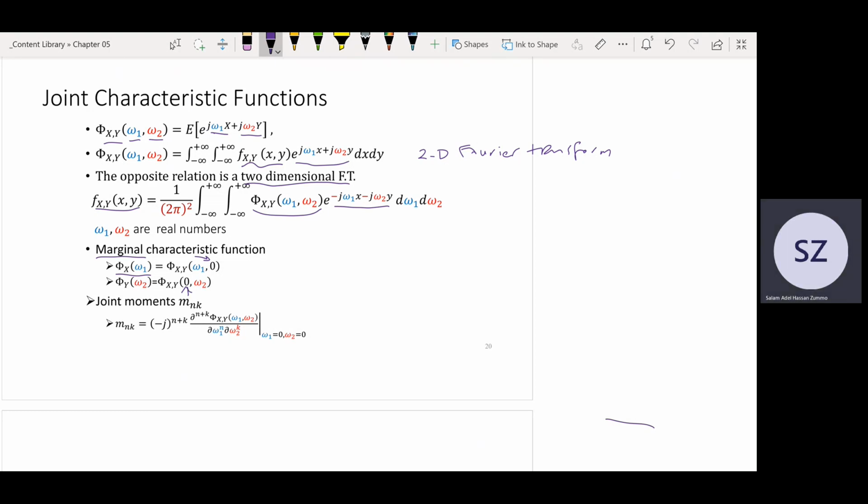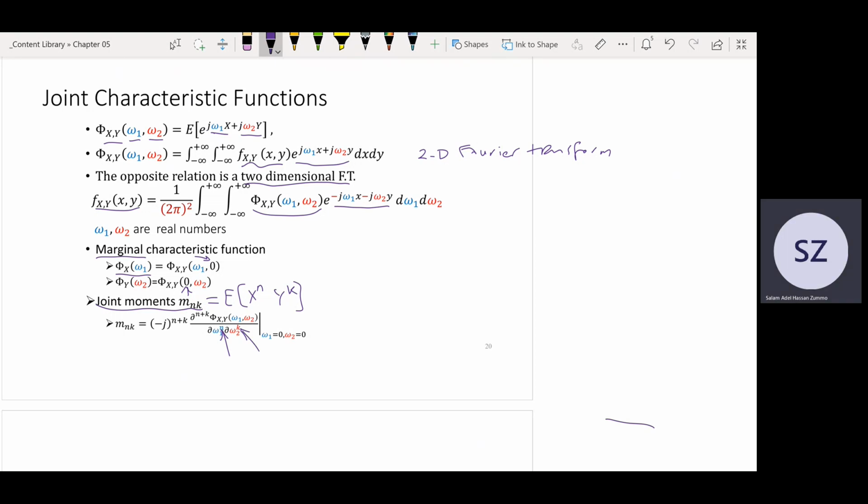Now, why is this important? Because of the joint moments. The joint moment of order n and k is the expected value of x to the power n, y to the power k. Instead of doing integration that is extremely difficult, we can differentiate the characteristic function n times with respect to omega 1 and k times with respect to omega 2.